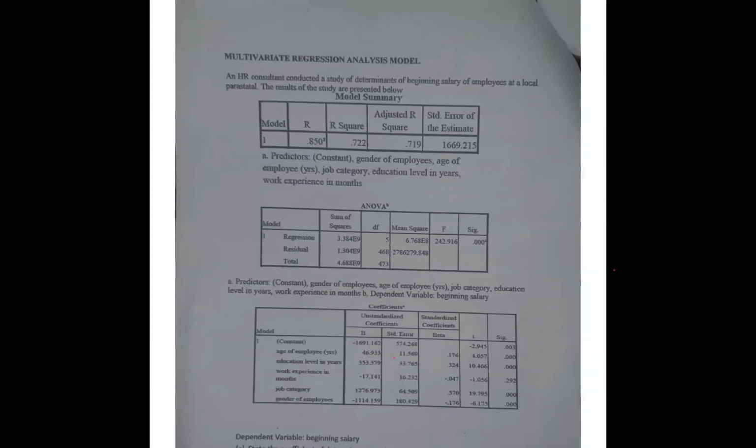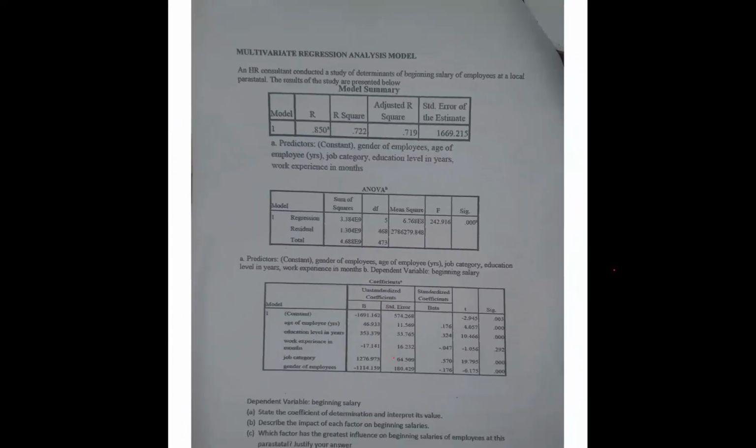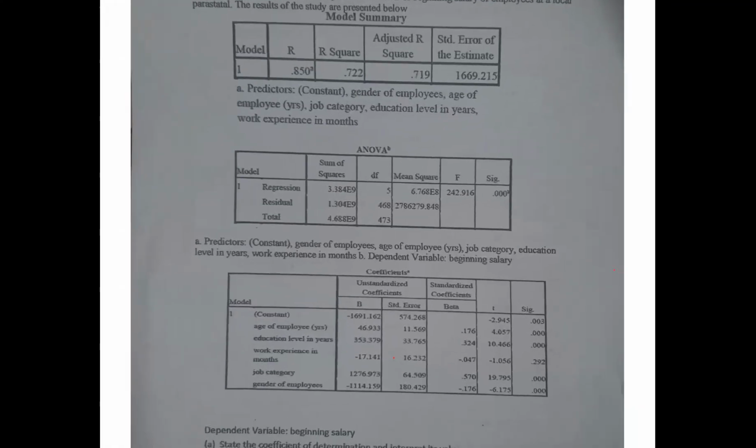This page will be printed out. So Excel has helped you analyze that data and has given you this as the output. What you are required to do, like in this exam, is that this one is printed out and given to you, these figures.